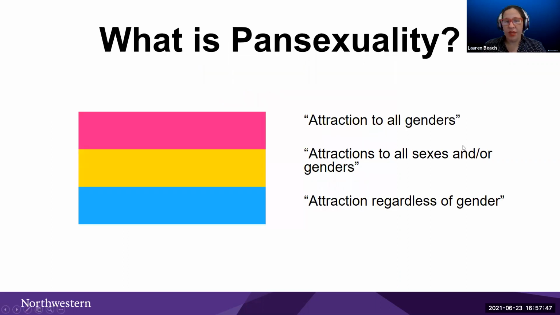So pansexuality, there's a lot of overlap between bisexuality and pansexuality. Both are identities that are associated with multi-gender attraction in some very broad ways. Oftentimes, pansexuality is defined as attraction to all genders, or attraction regardless of gender. It's not centering gender.